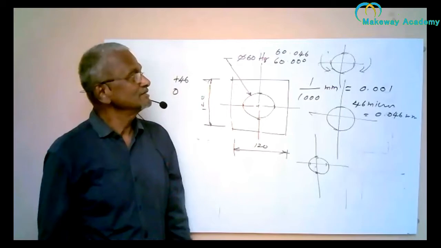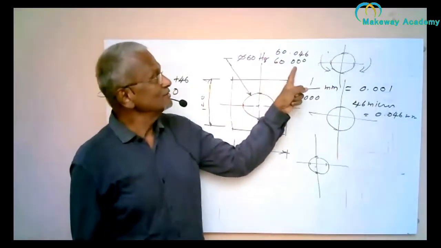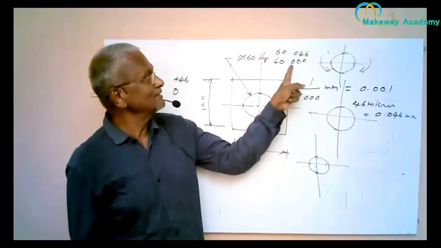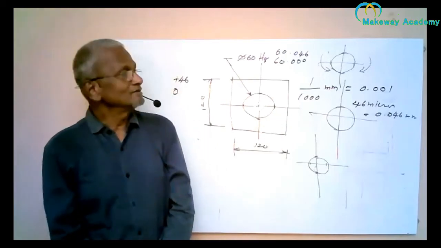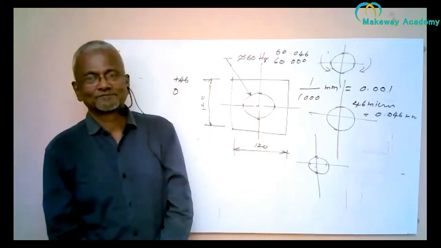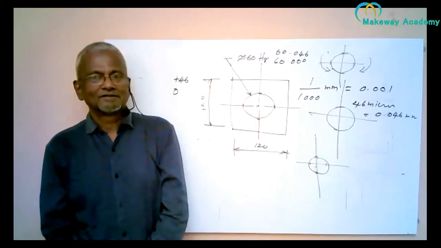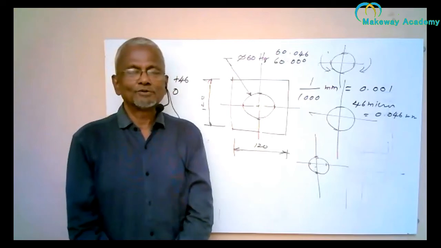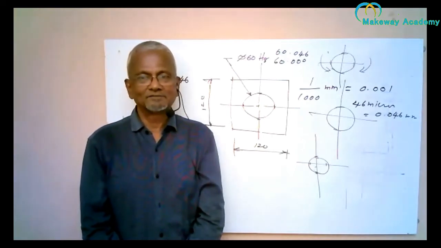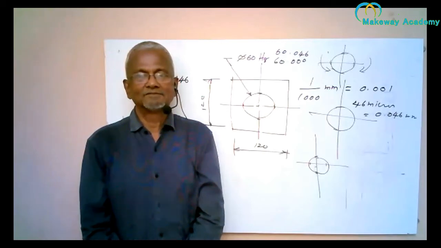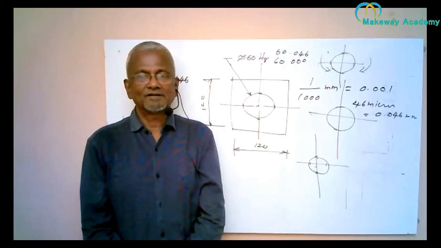Size of the hole is 60, lower limit is 60, upper limit is 60.046. The hole should be made within that tolerance. So the hole can be opened in a drilling machine, where a rotating drill opens the hole. But a drill will not be accurate enough to produce a hole whose tolerance is only 46 microns.